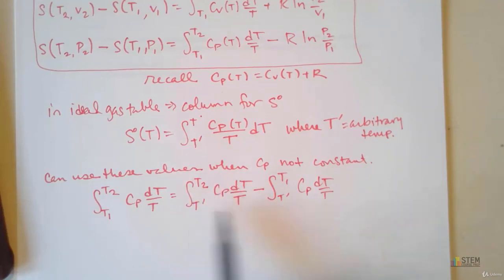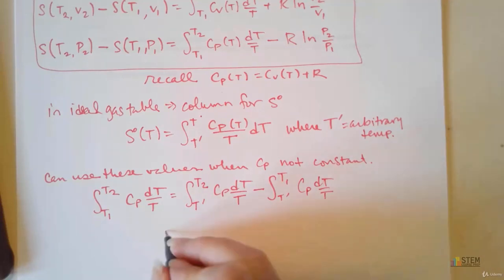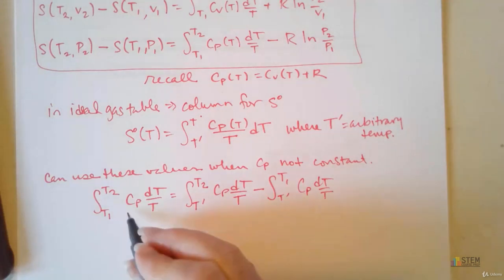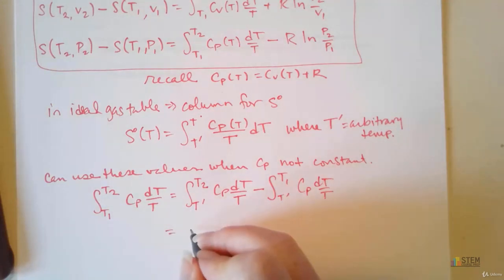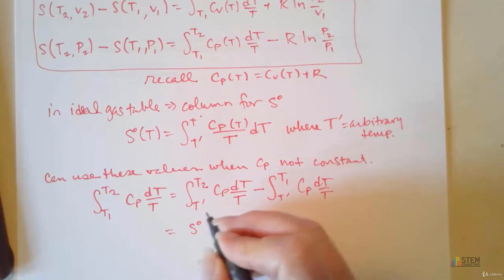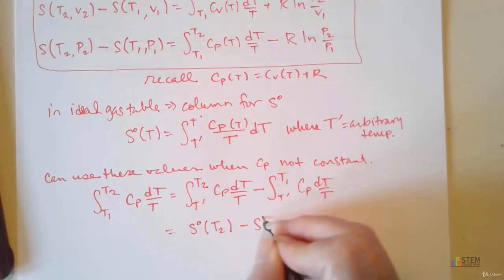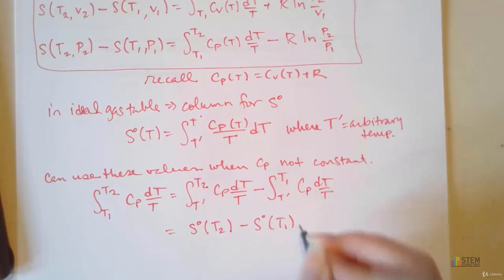Now, these values are in the table, whereas this we wouldn't be able to find otherwise because Cp is changing. So with this, we can say that this left-hand side is equal to the S degree at temperature T2 minus S degree at T1.